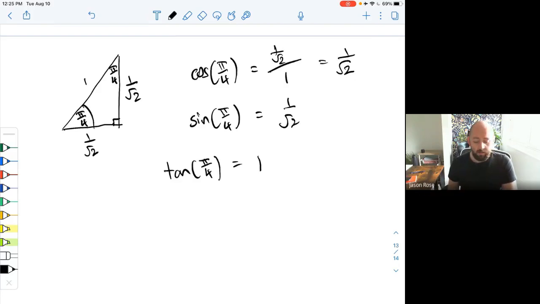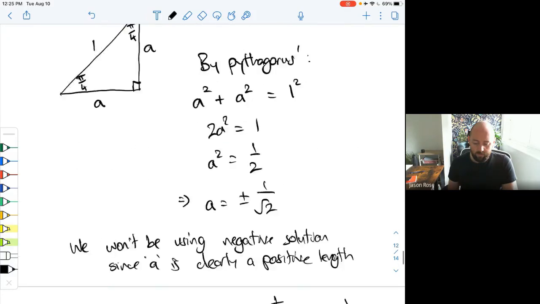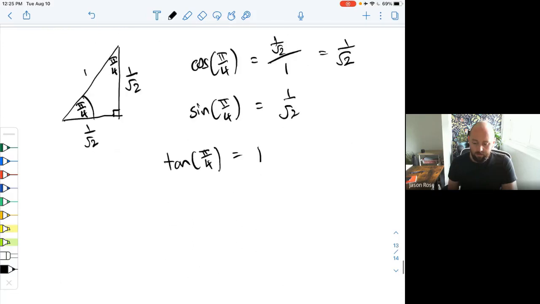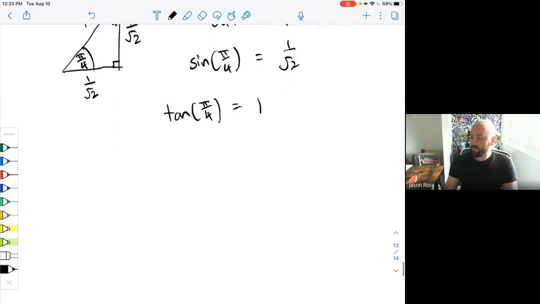Okay. Let me start from here. Some of the other special angles that you've seen, consider the equilateral triangle.